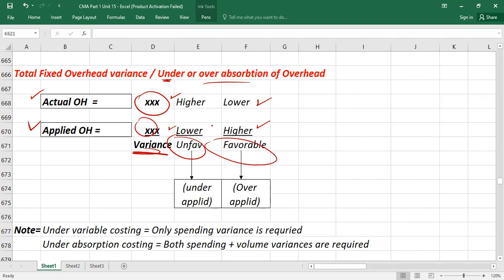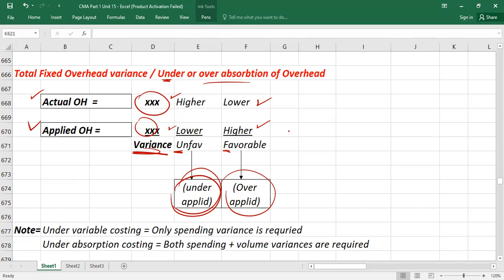Now please remember, unfavorable starts with U. U stands for unfavorable and U stands for under applied. This is just a way to memorize. If it is unfavorable, you would say it is under applied. If it is favorable, you would say it is over applied. Unfavorable variance is under applied or over applied? Under applied. And obviously then favorable will be over applied.